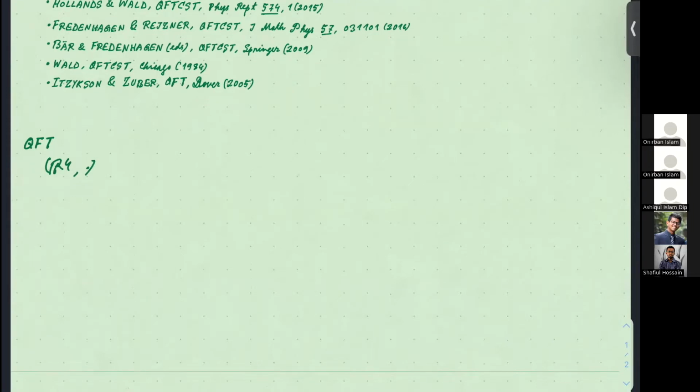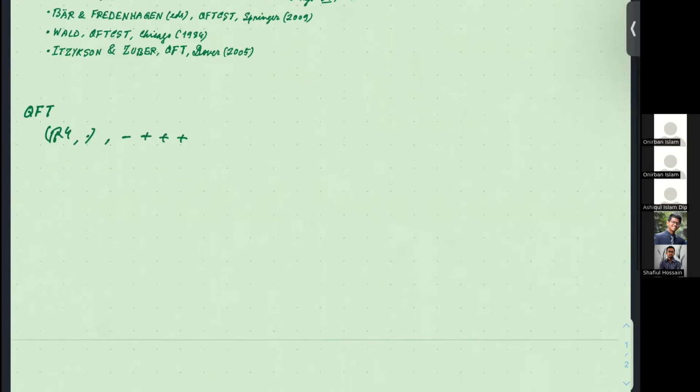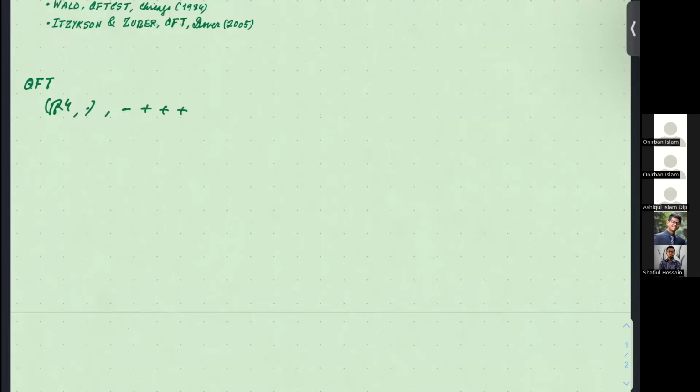And I will use the signature minus, plus, plus, plus, which doesn't matter what you choose, just for concreteness. And as customary in physics, we represent a point in Minkowski space as x, with time and a spatial component, which basically means t, x1 to x3.